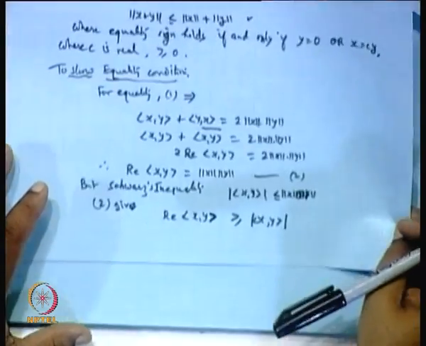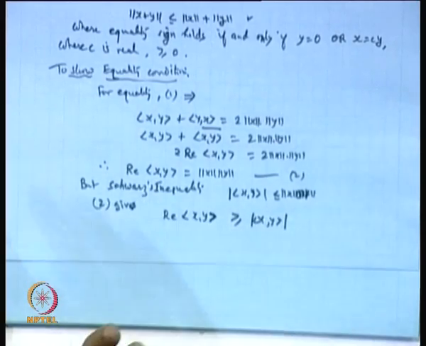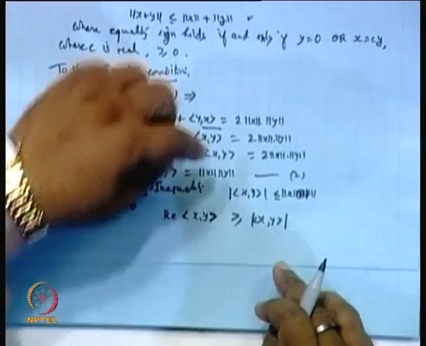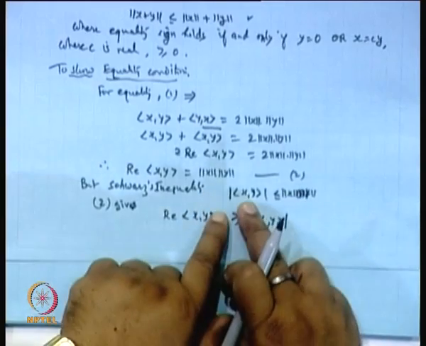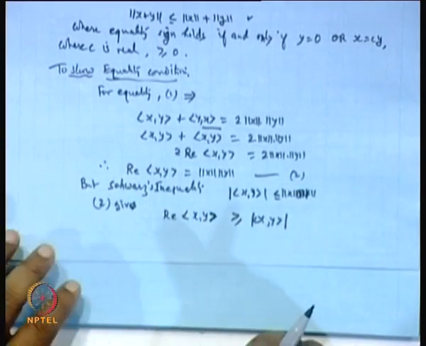Is it okay or not? Modulus of inner product x, y, because this norm of x plus y is greater than or equal to the modulus of the inner product. Clear?